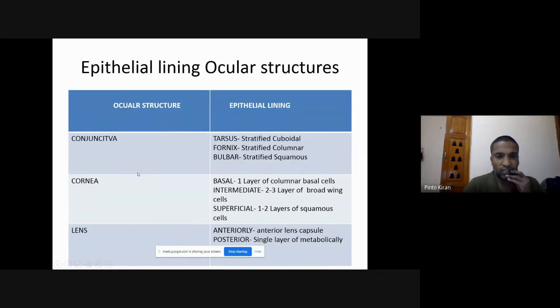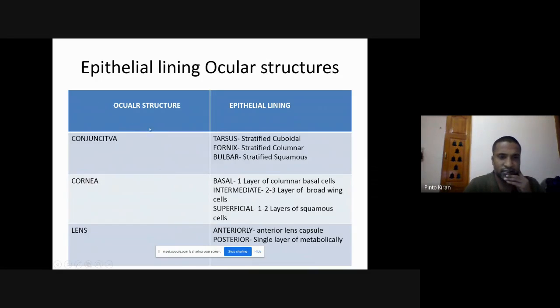The important thing is, the skin, everyone knows it's keratinized stratified squamous epithelium. But with respect to the eye, superficially you have a conjunctiva, then a cornea, and next to that you have a lens. These are the three important structures.